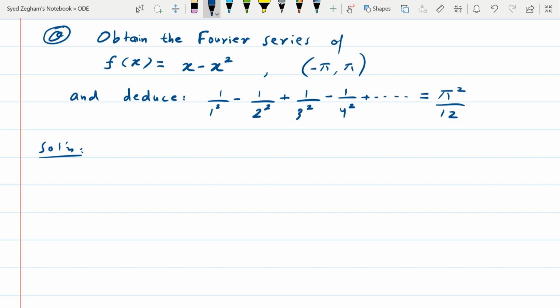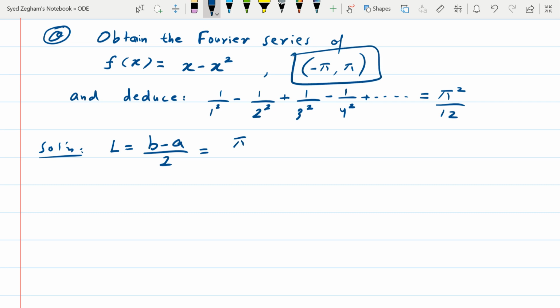So, sorry, let us start with the first Fourier coefficient, that is a naught. To use the formula, we should know the value of L, which is defined as (b minus a) divided by 2, where a and b are the endpoints of your interval over which the function is defined, right?